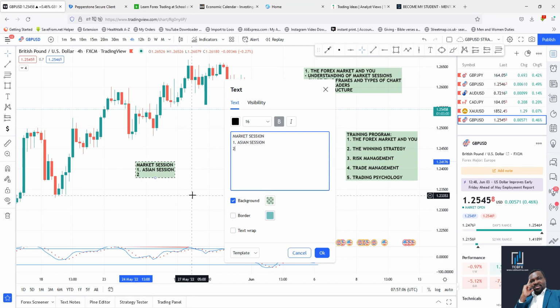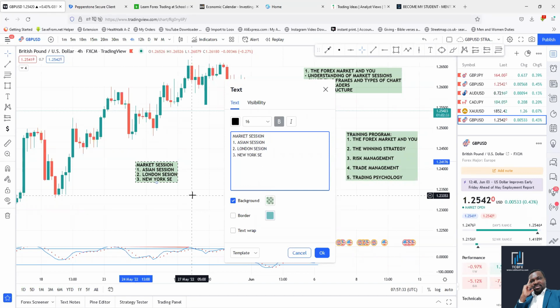Number 2, we have the London section. Number 3, we have the New York section. These are the 3 main sections of the market.